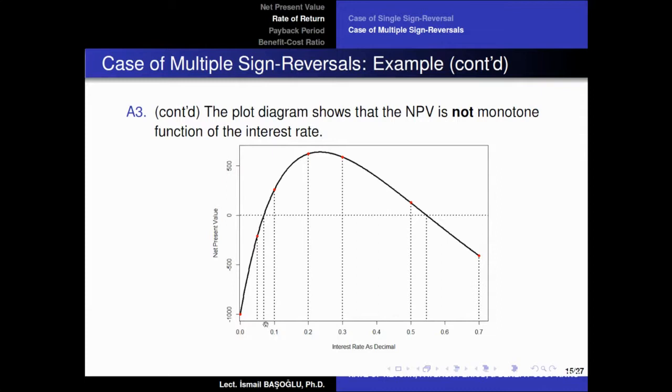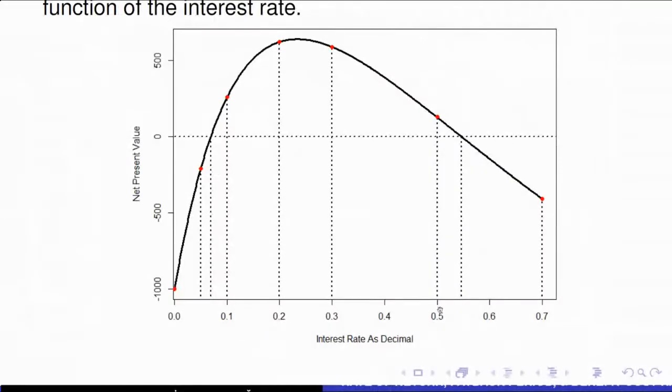So you see, there is a certain interest rate between 5% and 10% that makes the net present value equal to 0 here. And there is another interest rate here between 0.50 and 0.70. Figuratively, we can determine that it is somewhere between 0.50 and 0.60, but because we have only tried 0.70 here. So at this point, again, the net present value will be 0.